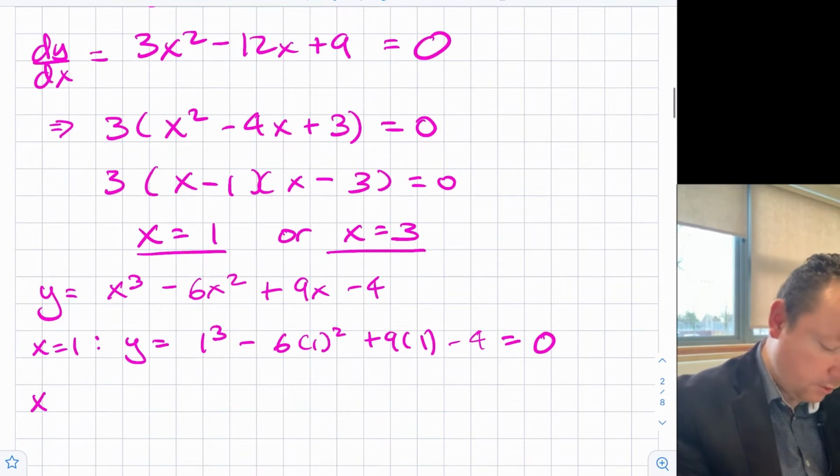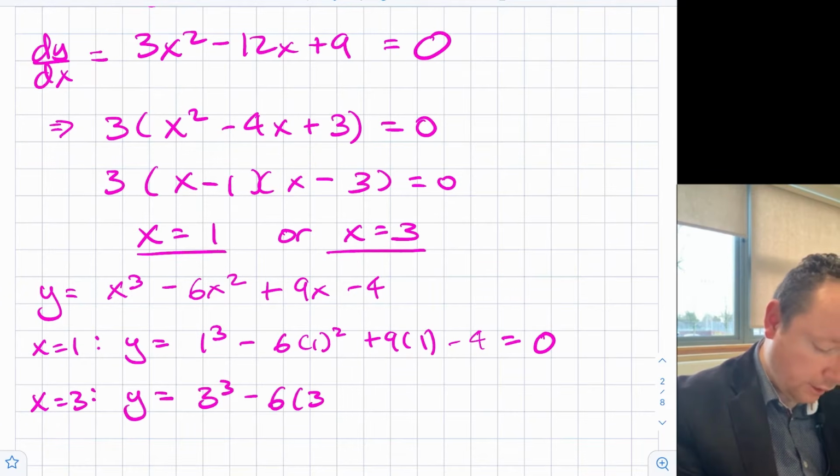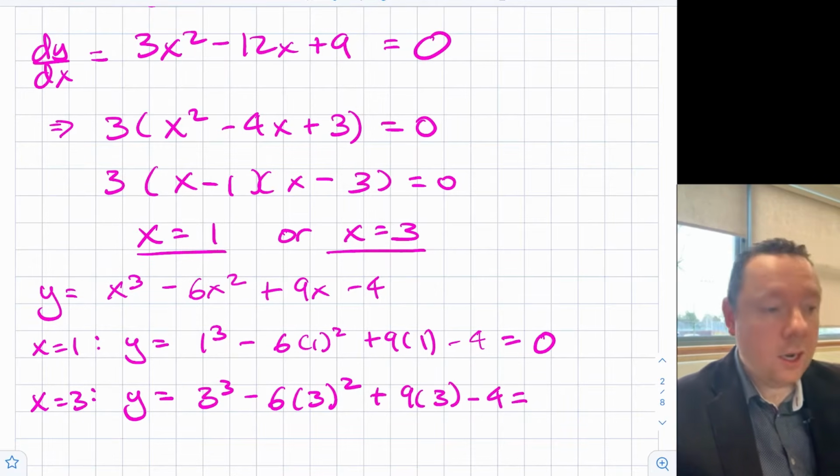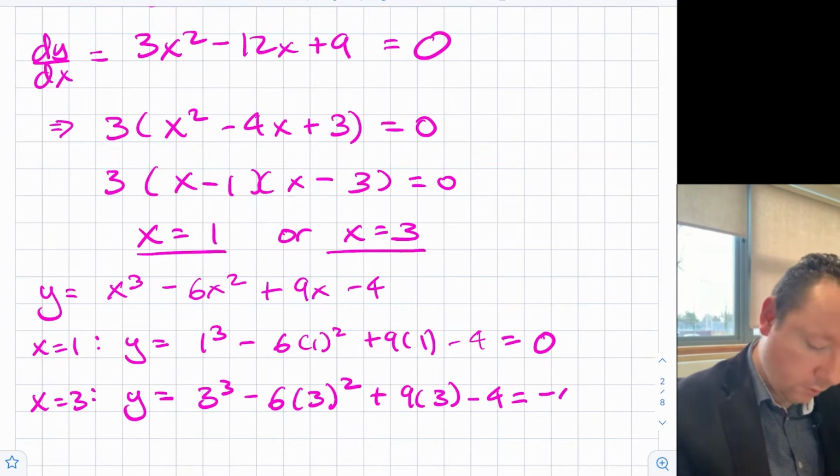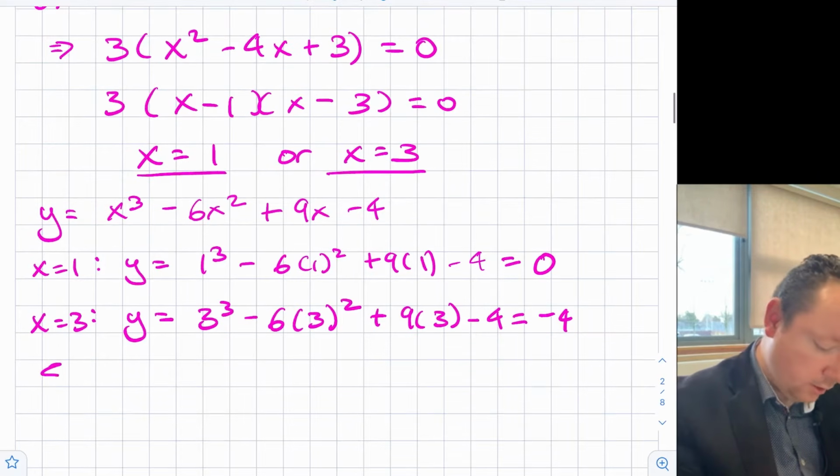Similarly, when x equals 3, y equals 3 cubed minus 6 times 3 squared plus 9 times 3, and then finally take away 4. If we substitute all that in, x equal to 3, y is equal to negative 4. So we've now got our 2 stationary points. The first one is 1, 0, and the second one is 3, negative 4.